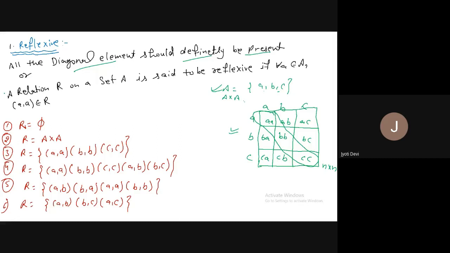The standard definition: a relation R on a set A is said to be reflexive if for all a belonging to A, (a, a) belongs to the relation. It is nothing else, it represents your diagonal elements.